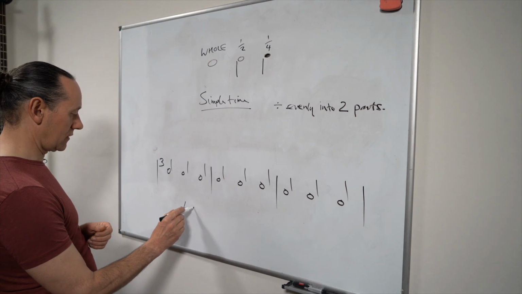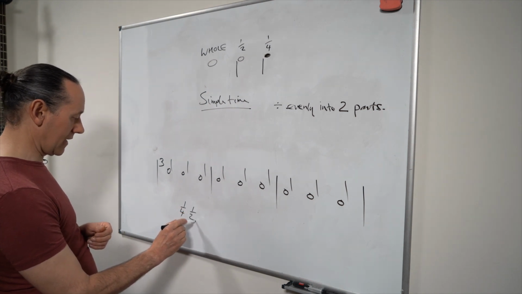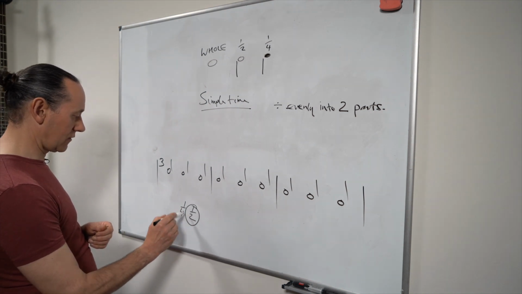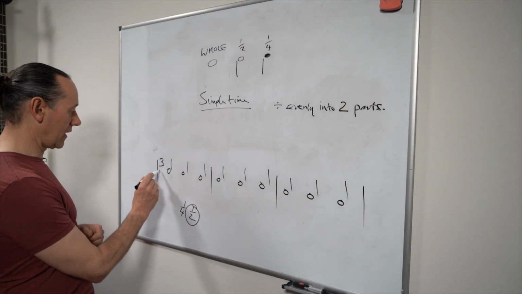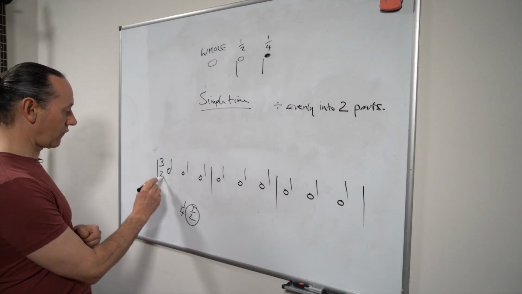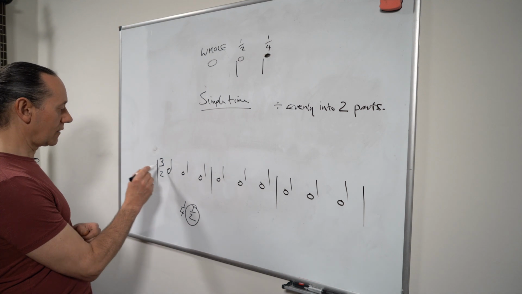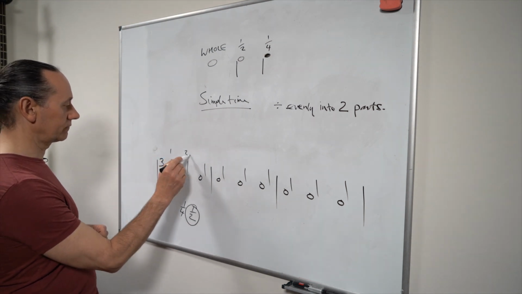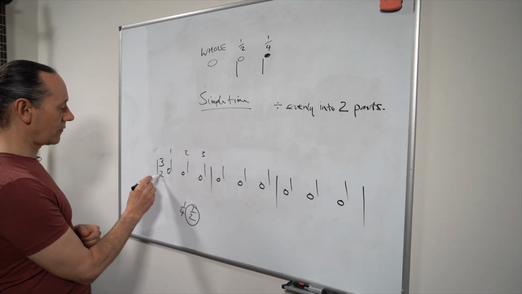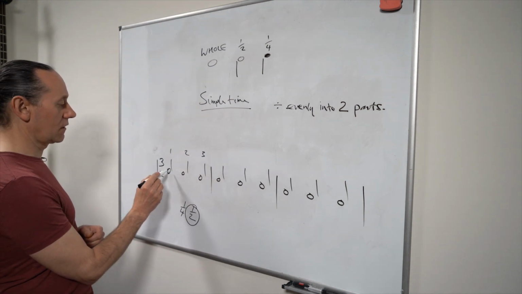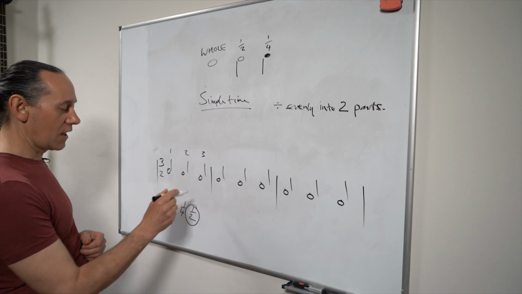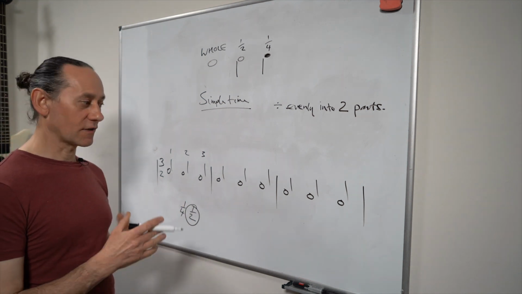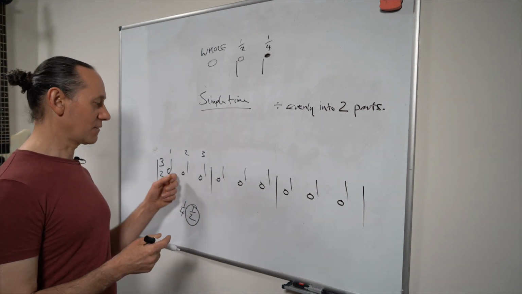No. Is it a half note? Yes. So we take the 2 and write that in here, and that represents a half. So this time signature is telling us 2 things. 3 beats in every bar, each represented by a half note. Half, half, half.